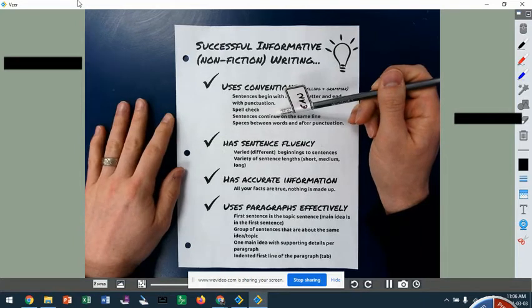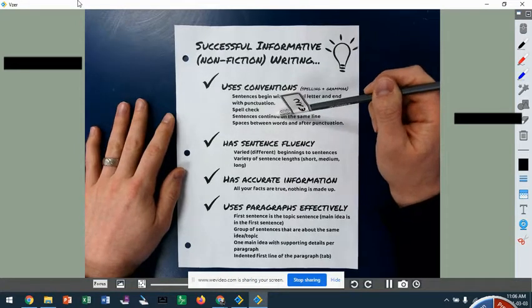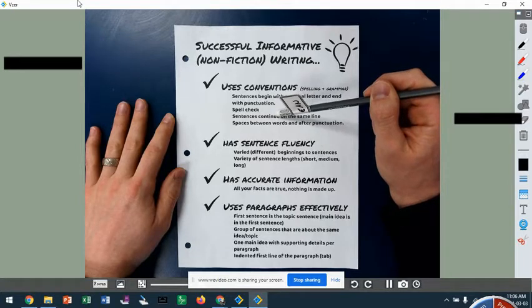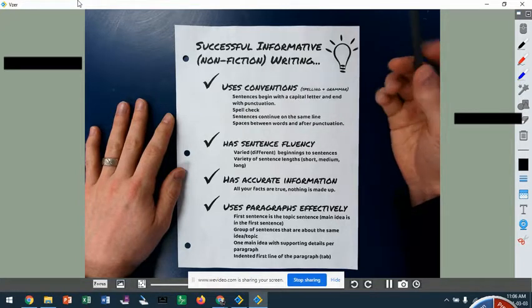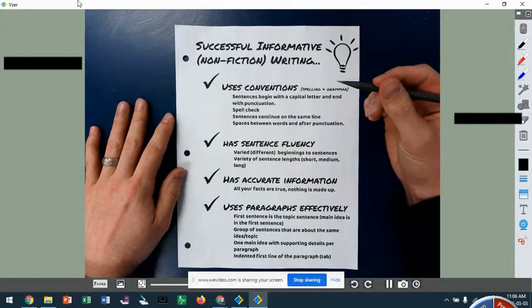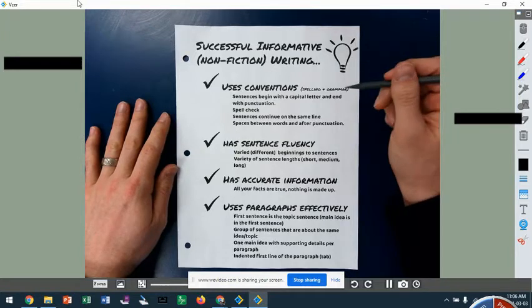If I have 10 items on my list, I'm reading my writing 10 different times. And each time I read my writing, I'm looking for one thing out of that list. I can only check that thing off after I've read through with that part in mind and checked that I have everything in place.